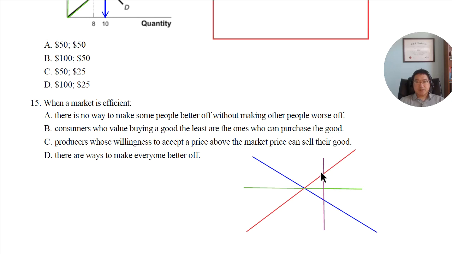At this level, will the seller be happy at this green price? No, they are not. Will the buyers be happy at the green price? They are not happy. They are buying at a higher price than their willingness to pay. Here, these sellers are selling at a lower price than their willingness to sell. Neither party is happy. So everybody is happy at a market equilibrium. At this market equilibrium, everybody is fine.